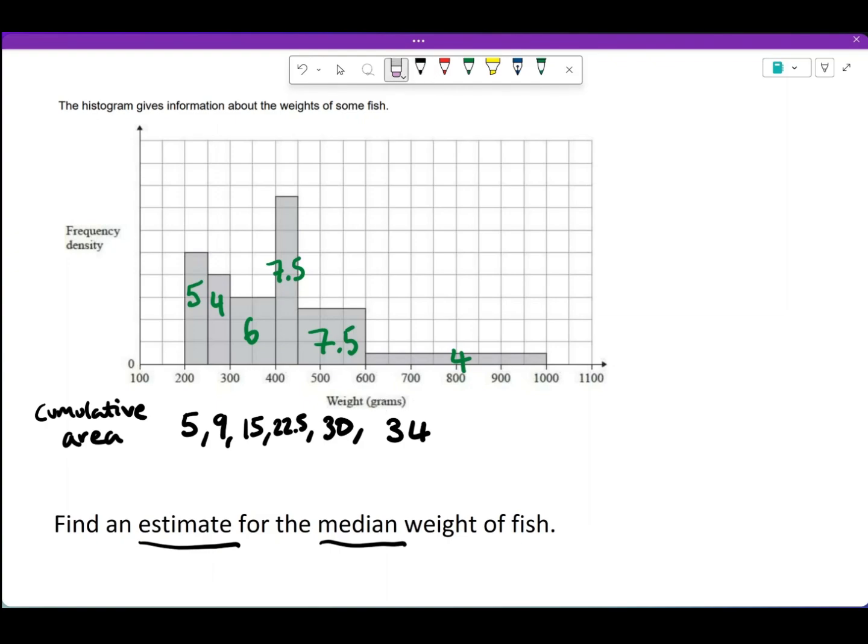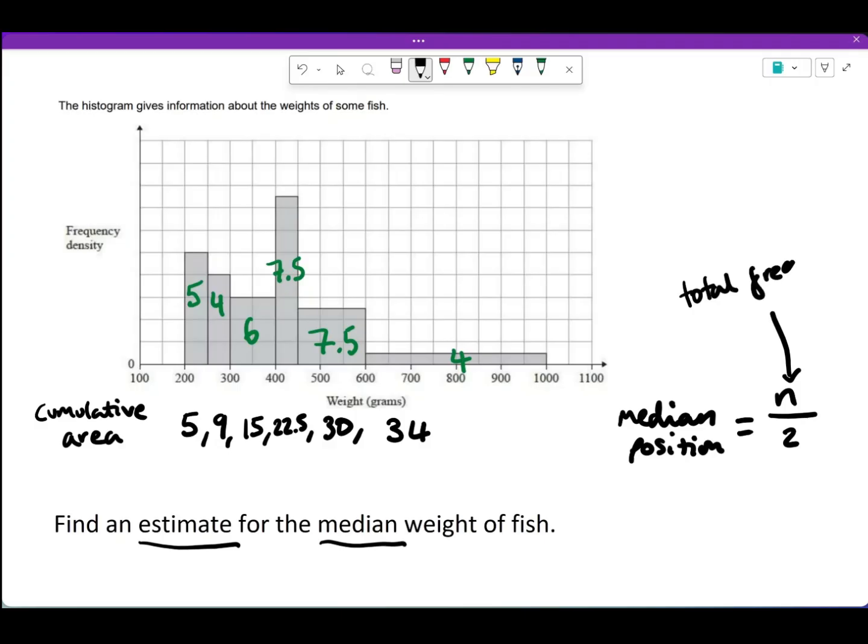Now the next thing we need to figure out is what is the median position. If I was to line up all my fish, which position would be the middle one? Well, the formula we use for median position when estimating is n over 2, where n is the number of data values, or in other words, it's the total frequency.